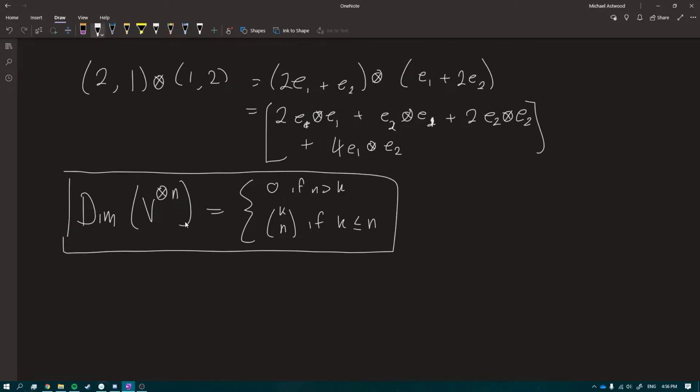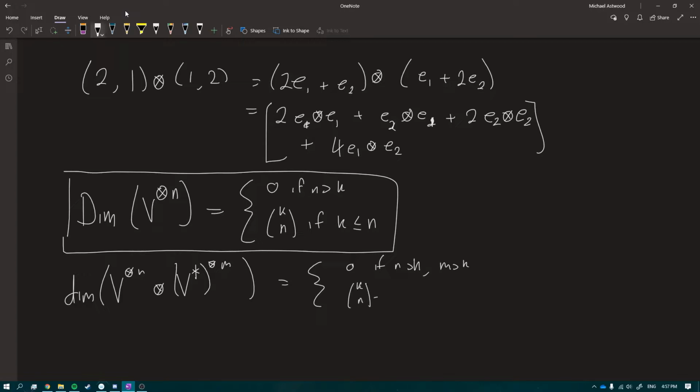And of course if you took V tensor n and combined it with covector indices, you could get V star tensor m, and the dimension of this would be 0 if n or m is greater than k, and otherwise it should be k choose n plus k choose m, I believe.